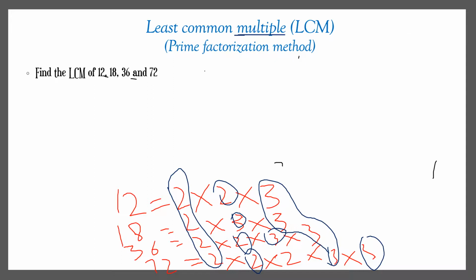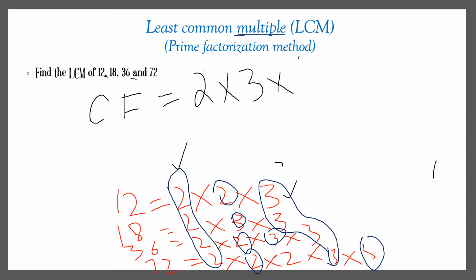Okay, so the common factors are, we'll write the common factors only once. First common factor is 2. We'll write this only once. Then 3. Then one more 3 is common.